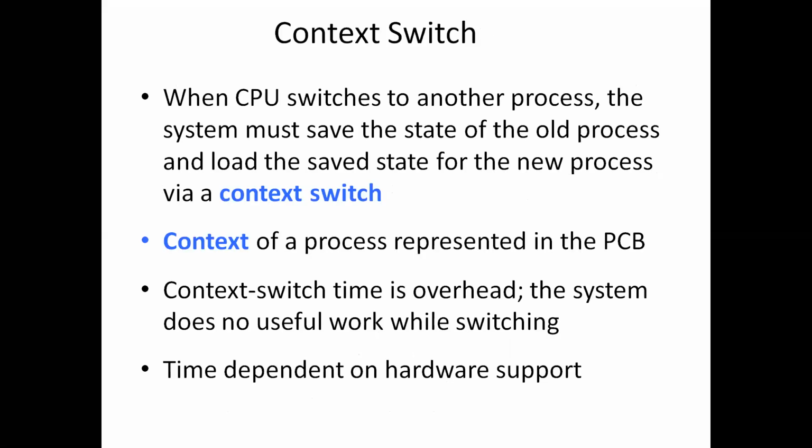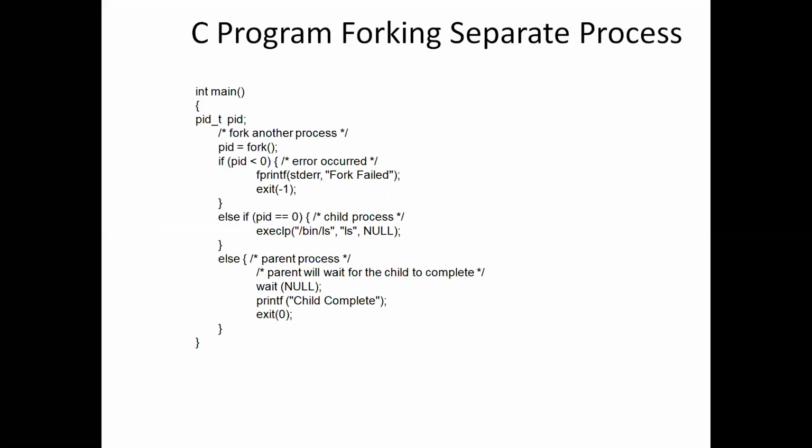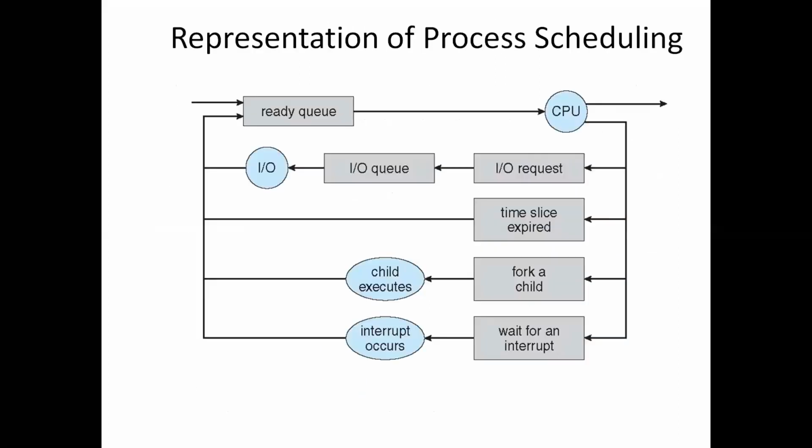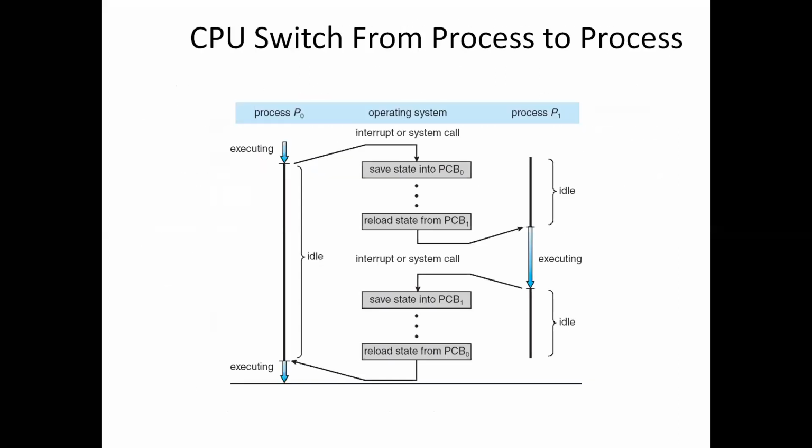Next is context switch. Context switch is when the CPU switches to another process, the system must save the state of the old process and load the saved state of the new process via context switch. We discussed this diagram in the previous session. Yes, this one is context switching.